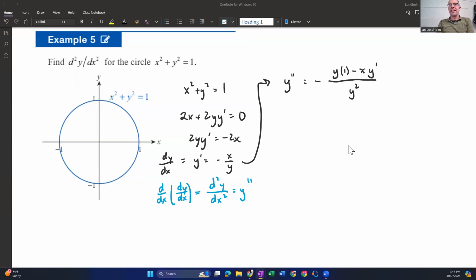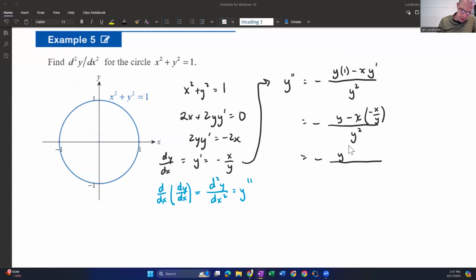And the cool part here is that we can solve for y double prime, especially if we substitute in for y prime. x times y prime was negative x over y. So now if we reduce this mess, we should have something that ends up looking pretty nice, I think.